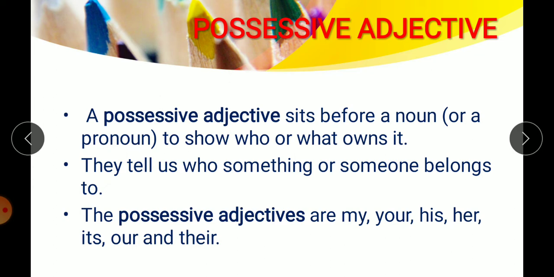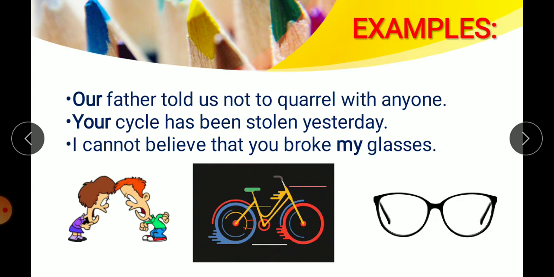So these all words like my, your, his, her, its, our and their, they all are what? Possessive adjectives. Now, our father told us not to quarrel with anyone. So our followed by a noun, father. Your cycle has been stolen yesterday. Your, a possessive adjective followed by a noun, cycle. I cannot believe that you broke my glasses. So glasses is a noun and glasses belong to whom?